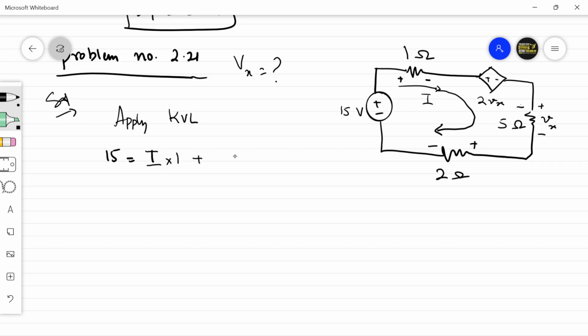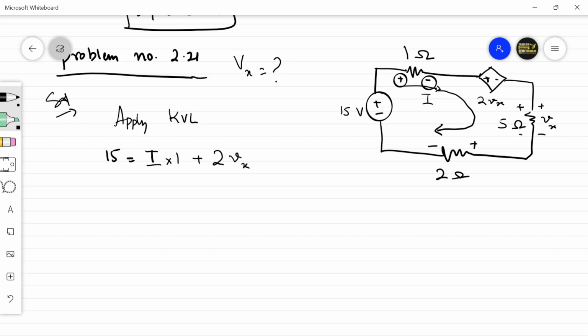plus 2Vx. 2Vx has the same polarity as this particular resistance, so it will be added to this particular voltage here. So it's also a drop here, plus 2Vx.